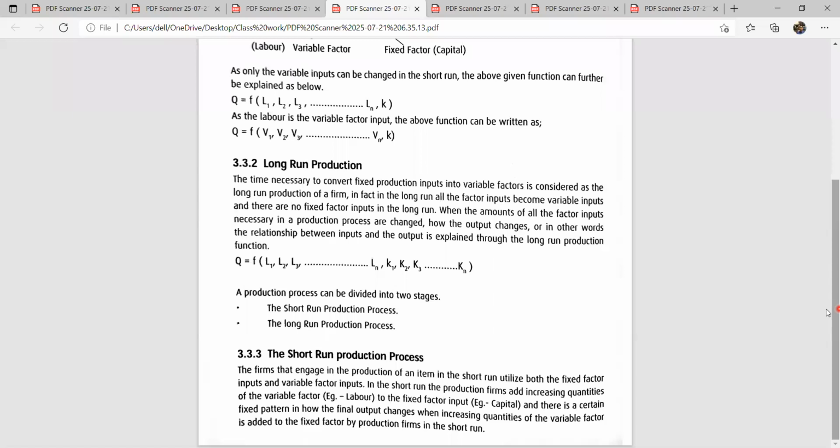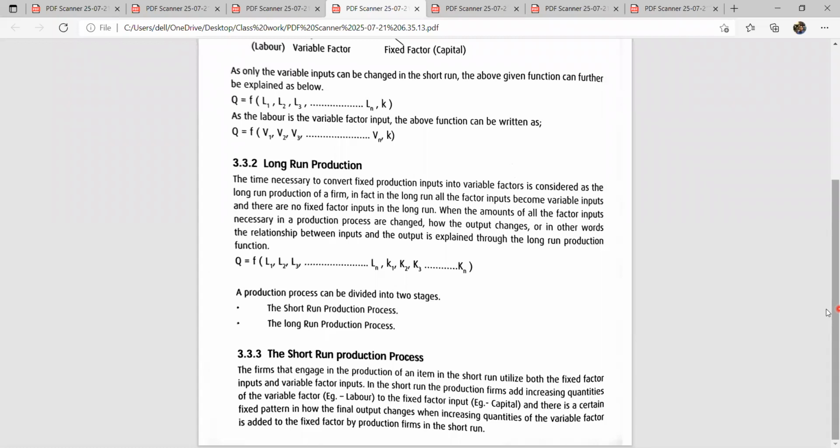We should be able to define both fixed and variable cost, as well as particular diagrams regarding the short-run production process. And we have to consider the law of diminishing marginal returns in the short-run production function.